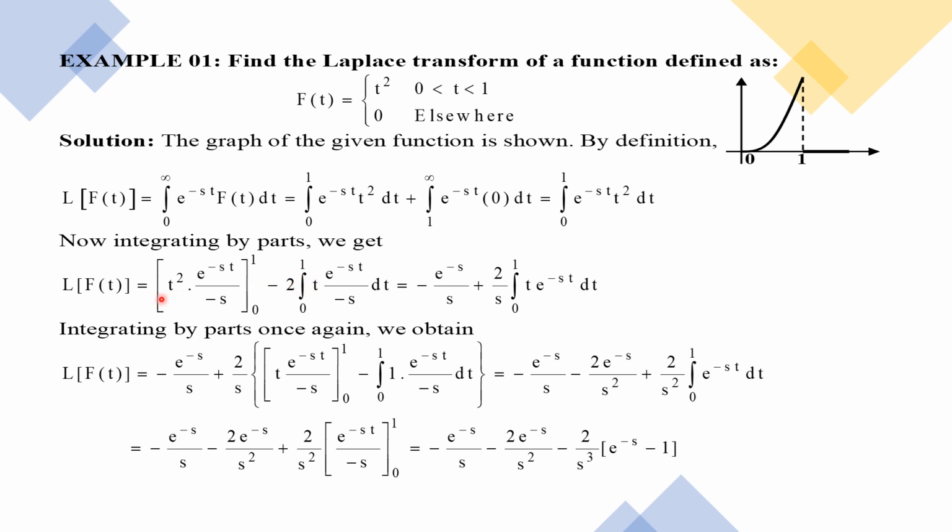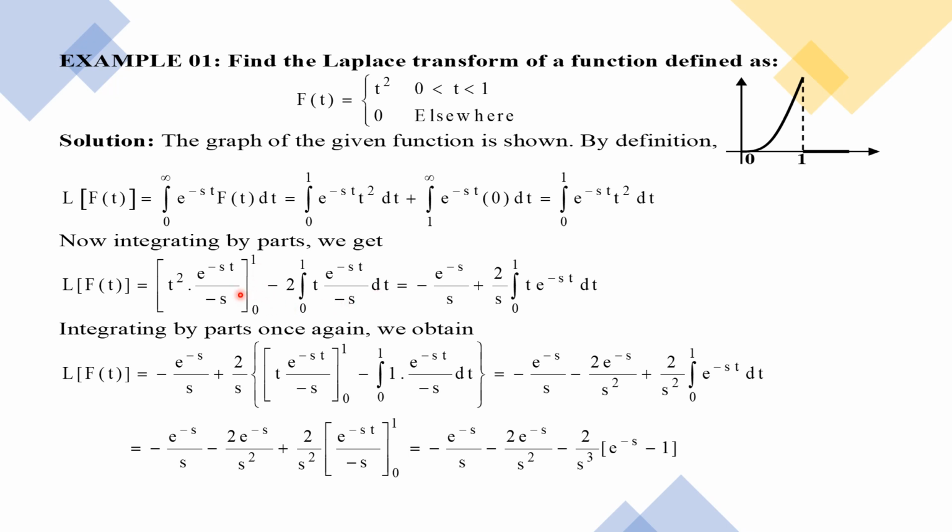Here t square is the same, so taking the derivative of t square gives 2t, according to the rule of integration by parts, and we write the same integral here, e power minus st over minus s.